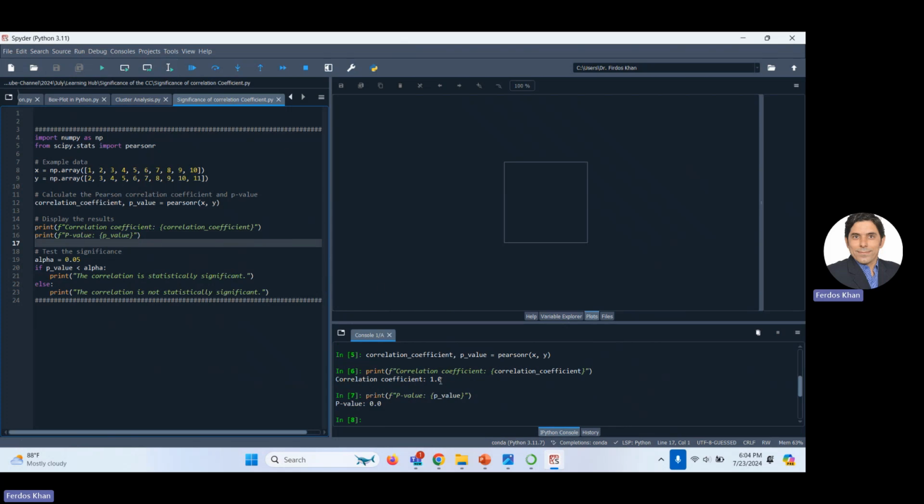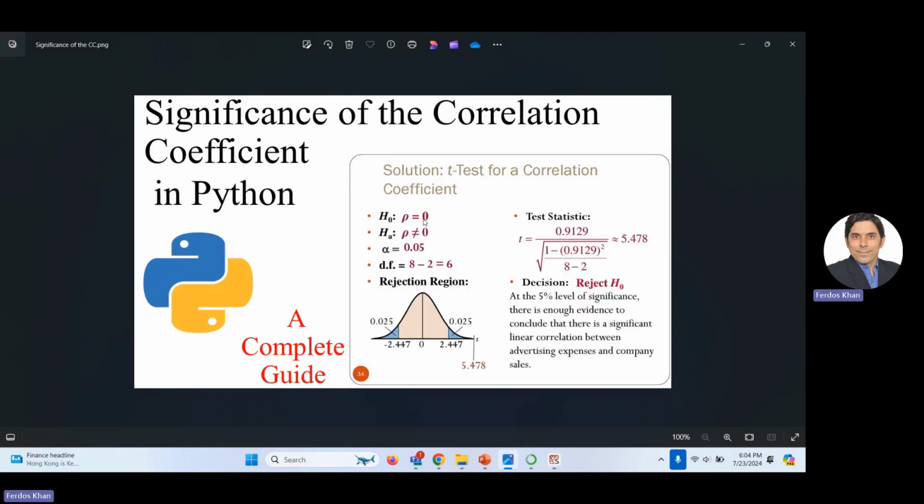The correlation coefficient is 1, which is perfect positive correlation. The p-value is 0. So this means that we reject the null hypothesis. What was the null hypothesis? The null hypothesis is rho equal to 0, there is no correlation. So we reject this hypothesis and accept the alternative hypothesis that there is a correlation. And of course, there is a correlation.